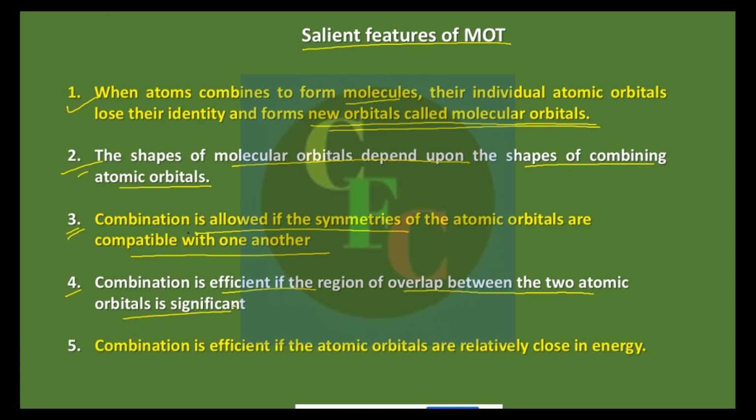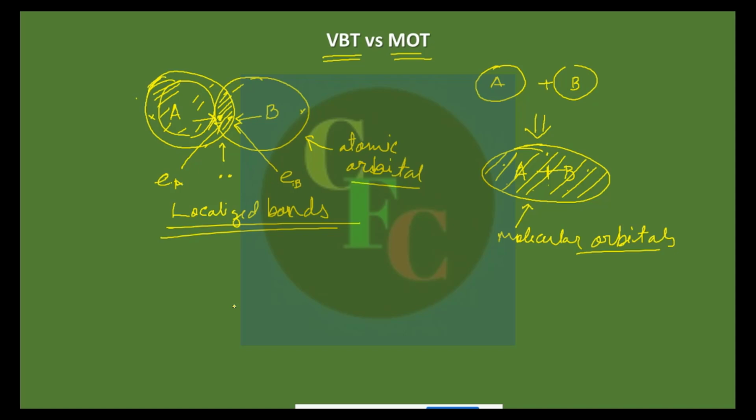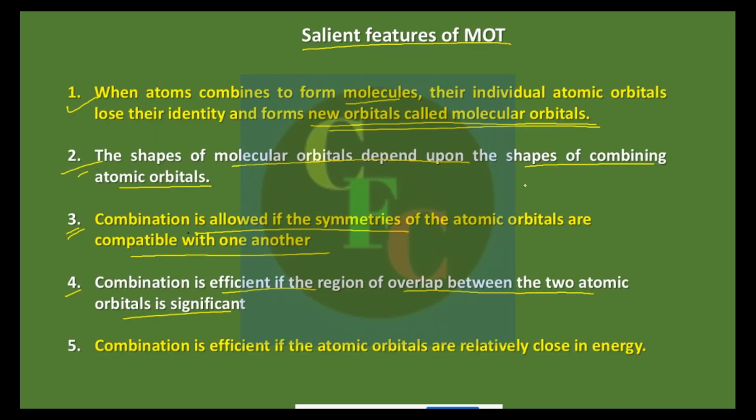The fourth is combination is efficient if the region of overlap between two atomic orbitals is significant. If the region of overlap is significant, then only the combination is effective. In other words, if the sizes are similar, the overlap will be efficient.